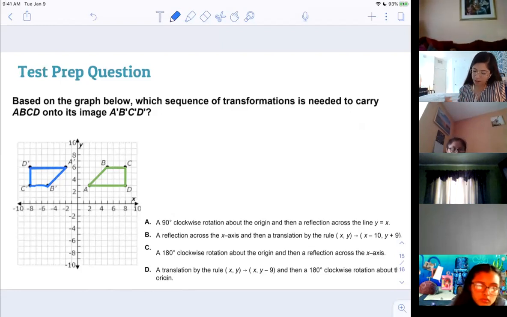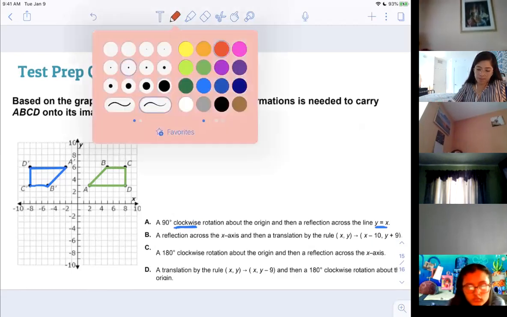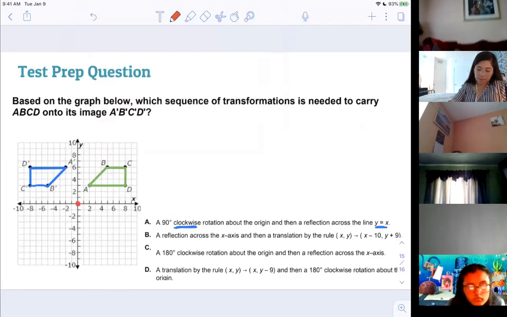The first one is a 90-degree clockwise rotation about the origin, and then a reflection across the line y equals x. Okay, so I'm starting from the green one, right? If I have my green trapezoid and I rotate it 90 degrees about the origin, which quadrant will it end up in? 90 degrees clockwise. Quadrant 1, 2, 3, or 4? 4, right?